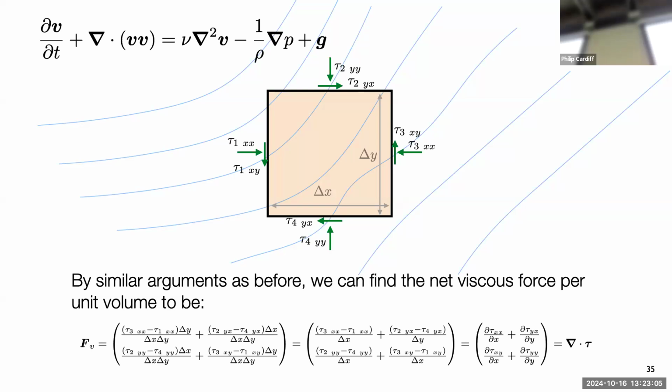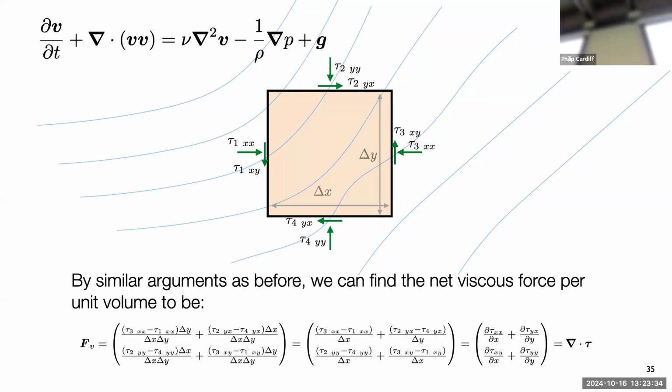So if we let delta x go to 0, that just becomes the gradient, the partial derivative, delta tau xx over delta x. So it's this thing here as delta x goes to 0 is just how the tau xx is changing in the x direction, its gradient. And similarly for all the other components, you can see this one is just how tau yx is changing in the y direction, and similarly for the other components.